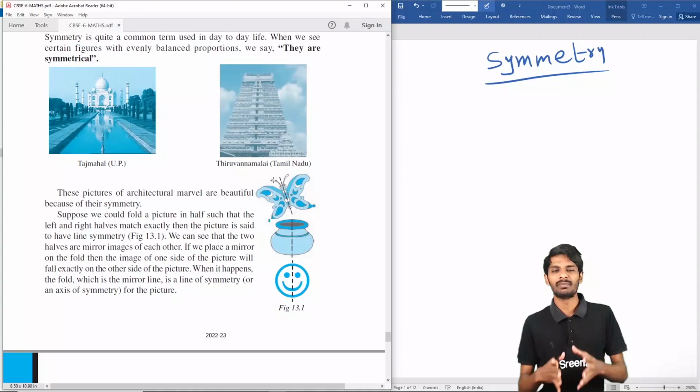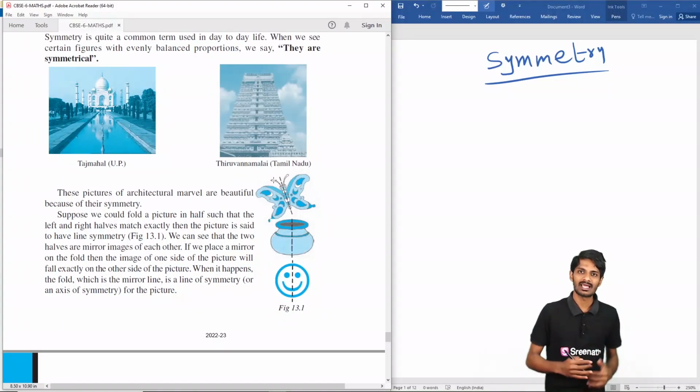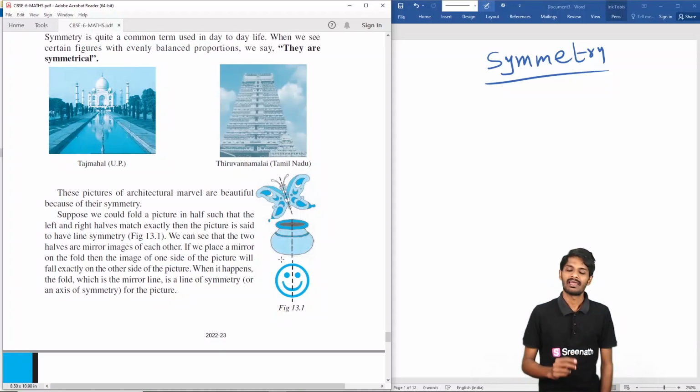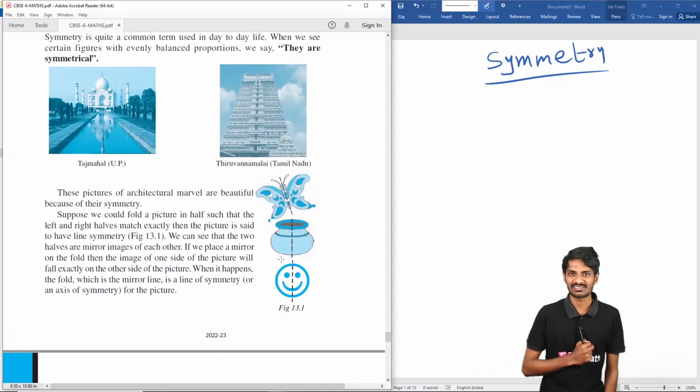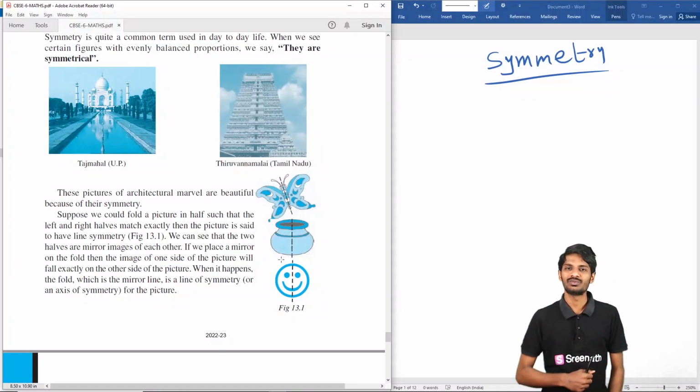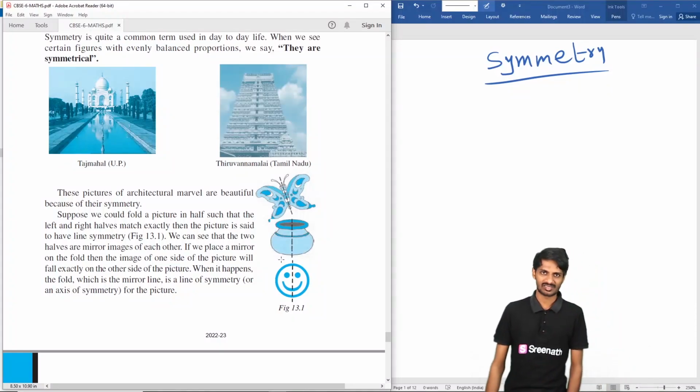So it is symmetry. And take this pot and look at the dotted line. If you fold along the dotted line, again the left side of the dotted line exactly matches the right side of the dotted line. So it is such beautiful symmetry you have observed, students.